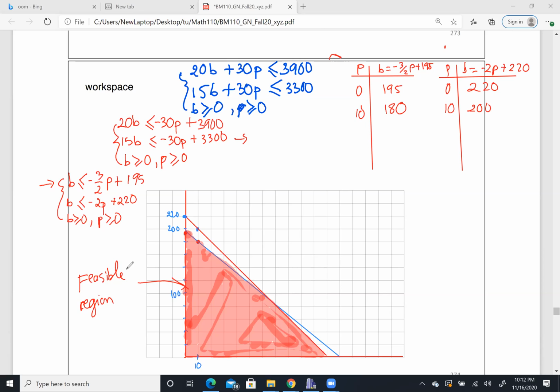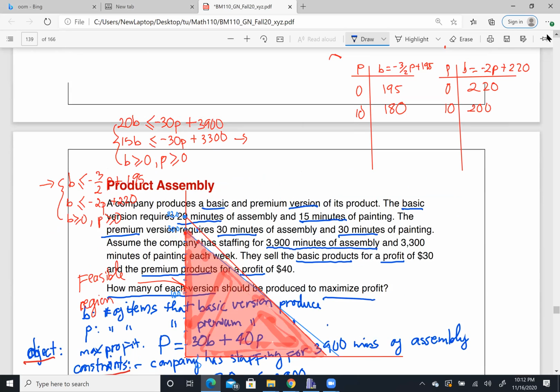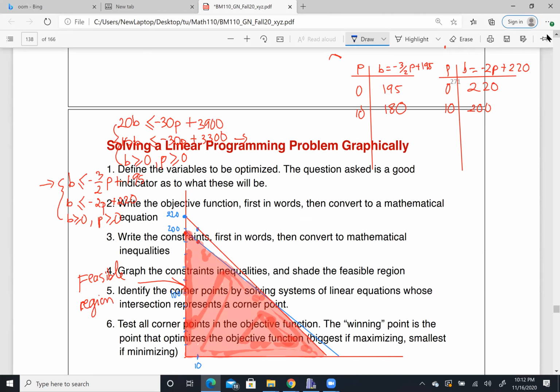Okay. So this is exactly step 4, I believe. Let's move up a little bit. Okay, so number 4 says graph the constraint inequalities and shade the feasible region, and then number 5, identify the corner points by solving the system of linear equations whose intersection represents a corner point.